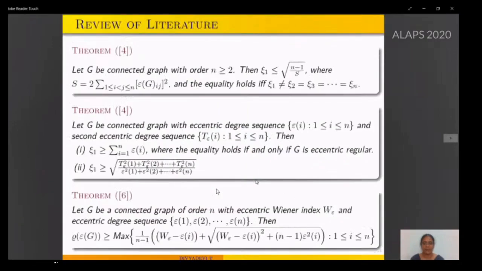These are the bounds available for the eccentric spectral radius, given in terms of entries of the eccentricity matrix, first and second eccentric degree sequences, and the Wiener index. Motivated by these results, we add some more bounds to the eccentric spectral radius in terms of the average eccentric degree sequence.